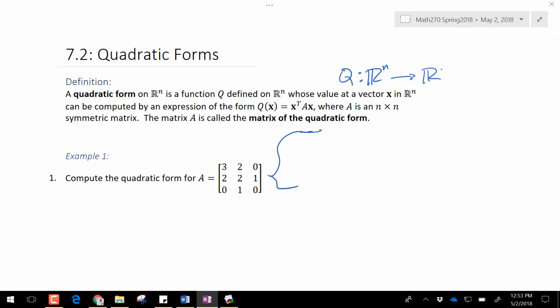And so formally, the Q function goes from R^n to R. So in Calc 3, we can think about this as a multivariable function that results in a scalar.